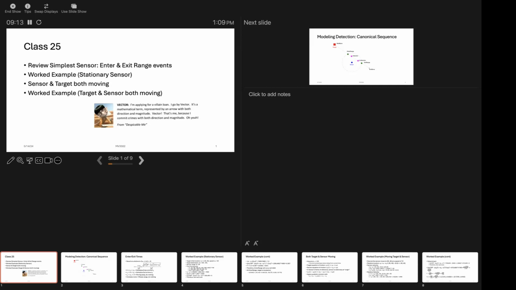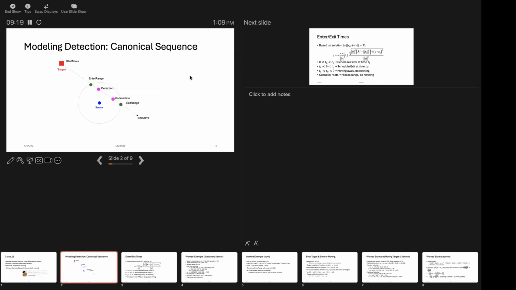Well, first you need to see it. And that's what we're looking at here. And so can we do that? And the canonical sequence is this, just as a reminder. So we have the start move event and the end move event.